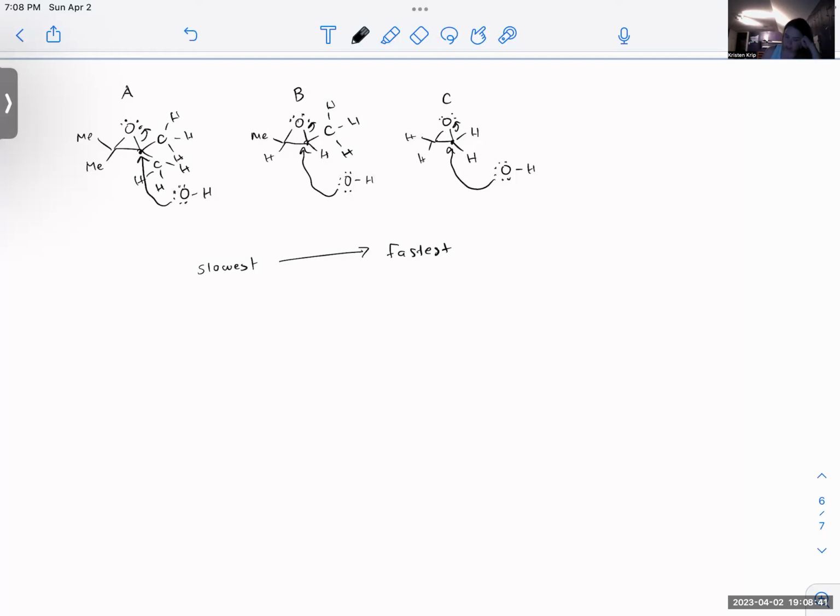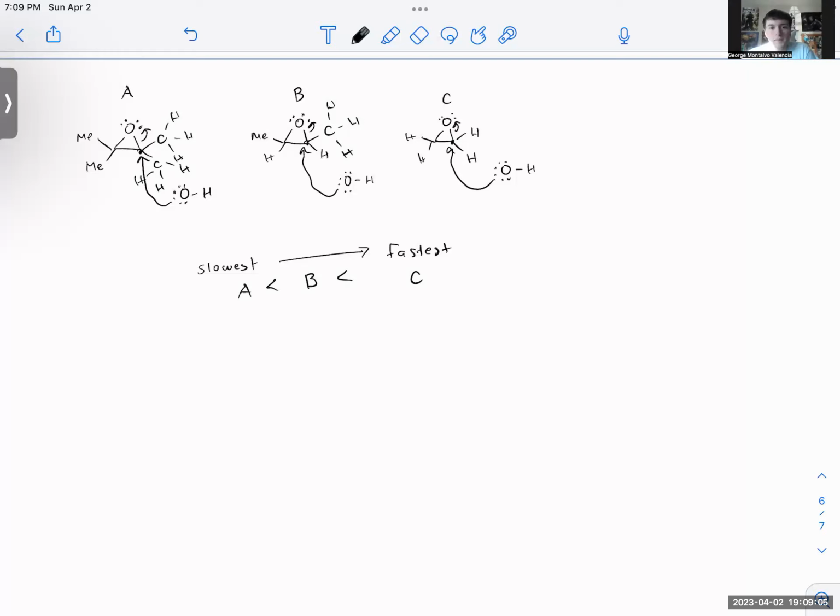So C would be the fastest reaction, because the oxygen can just say, excuse me, hydrogen, I need to react with this carbon, whereas A would be the slowest. It has to do with steric hindrance, which is basically atoms and electrons being in the way.